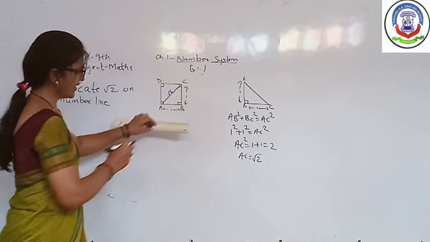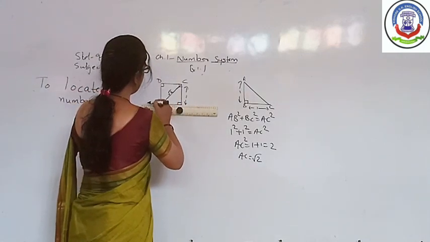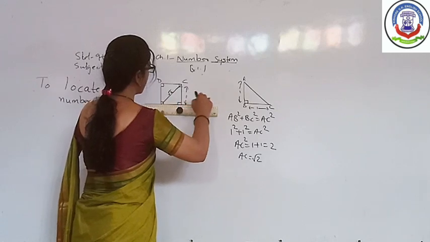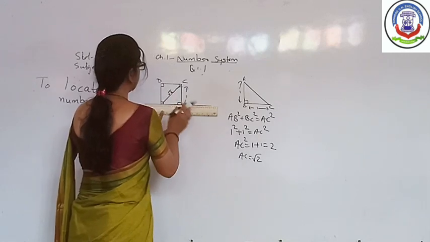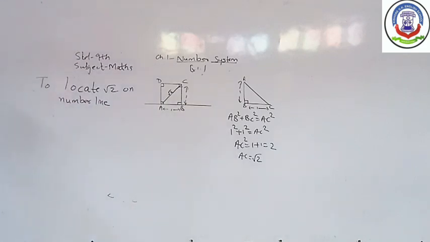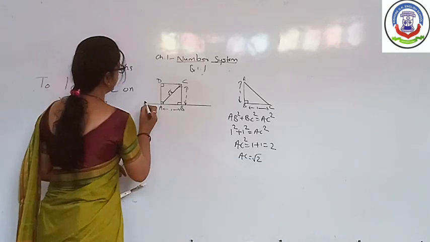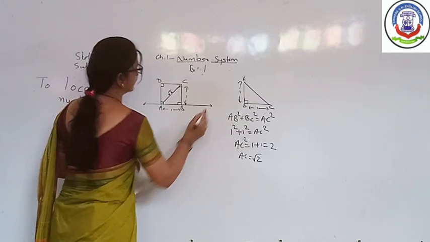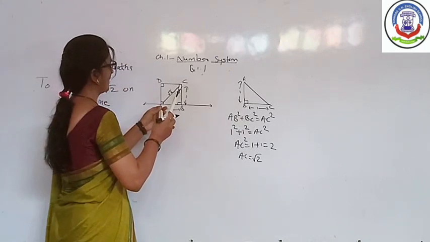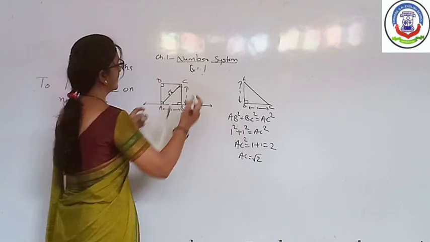If you want to represent it on the number line, you can draw the number line in this way. Put the compass here and draw the arc like this.